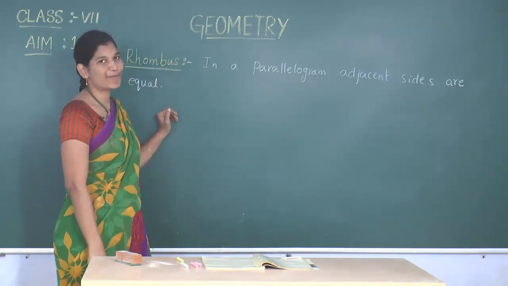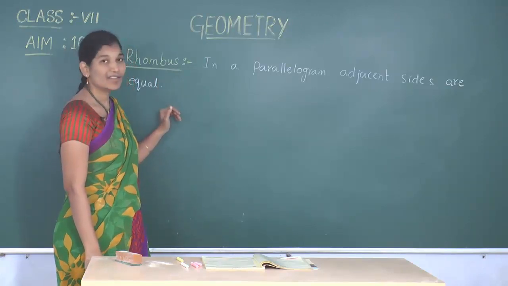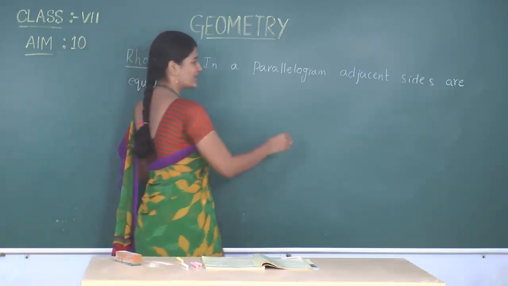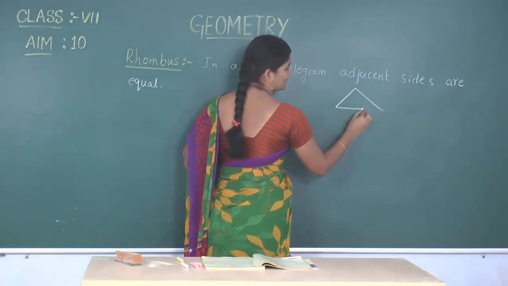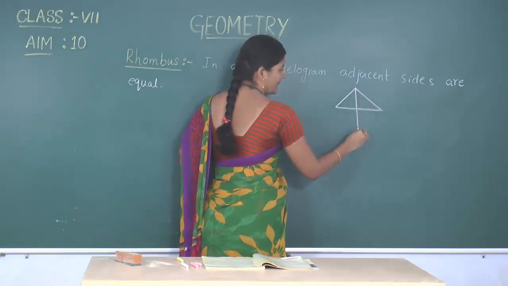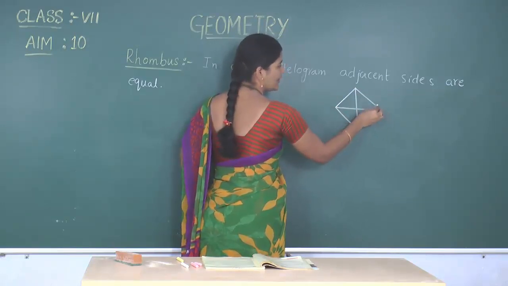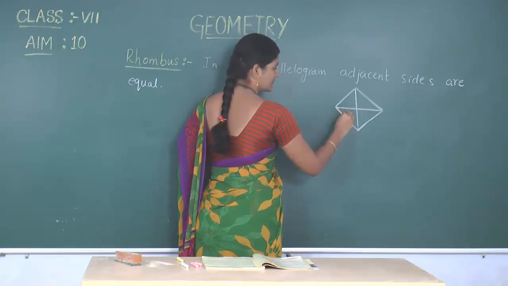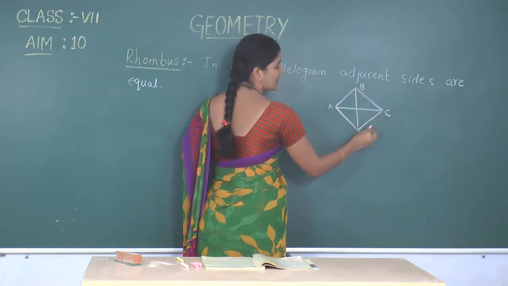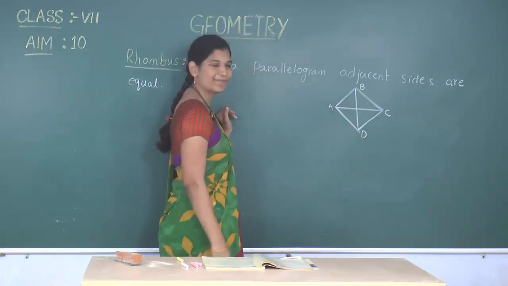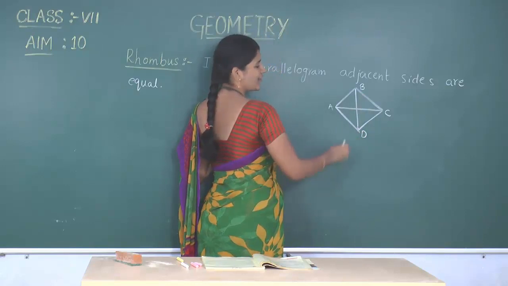Before going to the properties, let me draw the rhombus figure. This is the rhombus, A, B, C and D. And here AC, comma, BD are the diagonals of a rhombus.